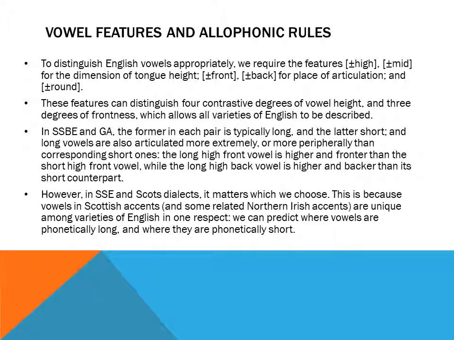The question is whether we regard this as primarily a quality or a quantity difference. If we take quality as primary, we can regard E, U, A, O as tense, or more peripheral, and simply write a redundancy rule to say that all tense vowels are phonetically long.